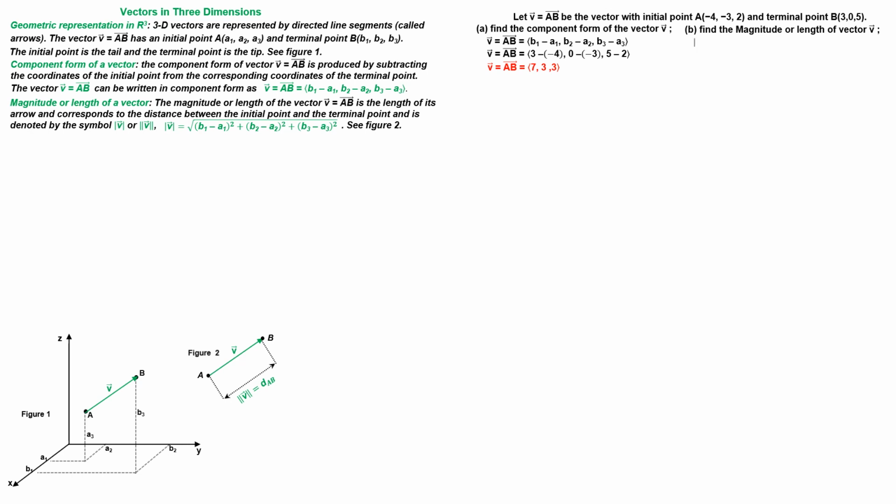Part B is simple as well. The length of vector v is the square root of the sum of the squares of its components.